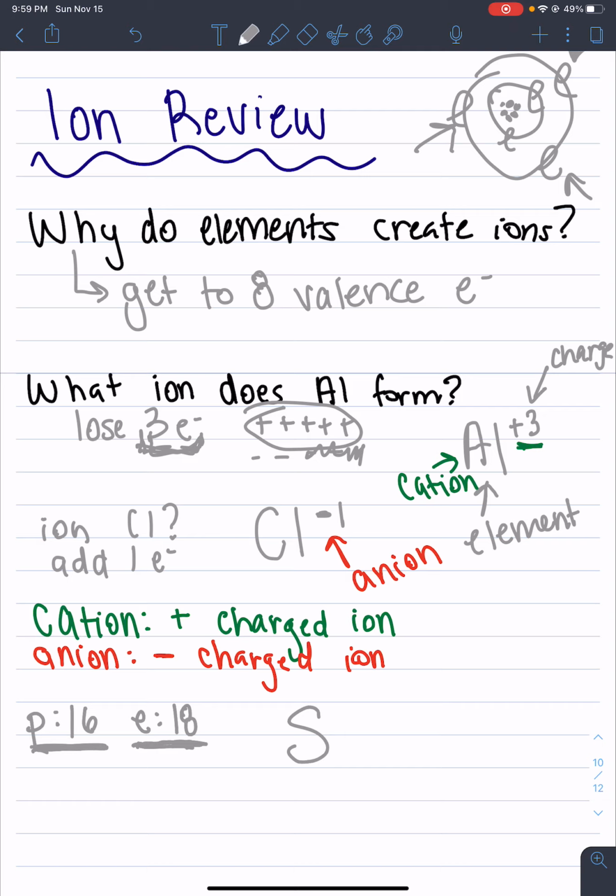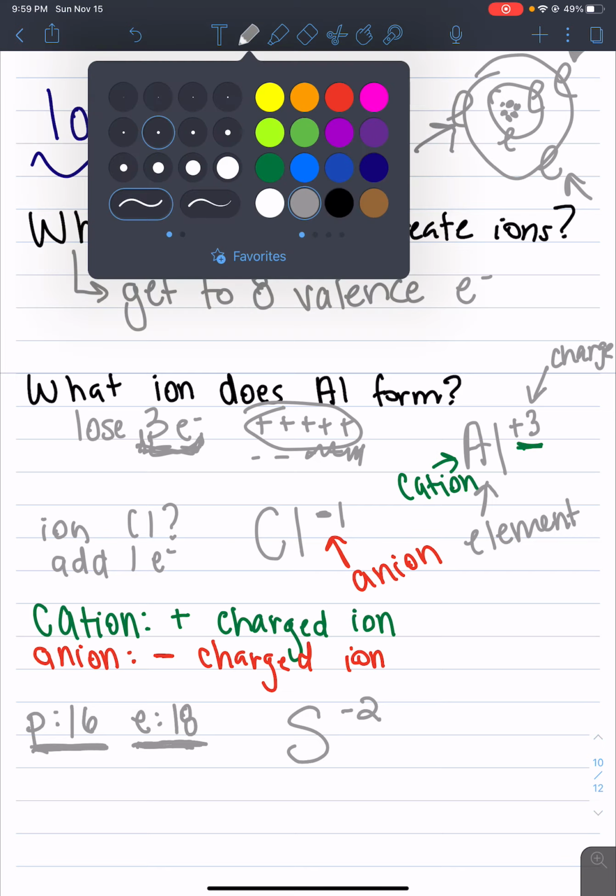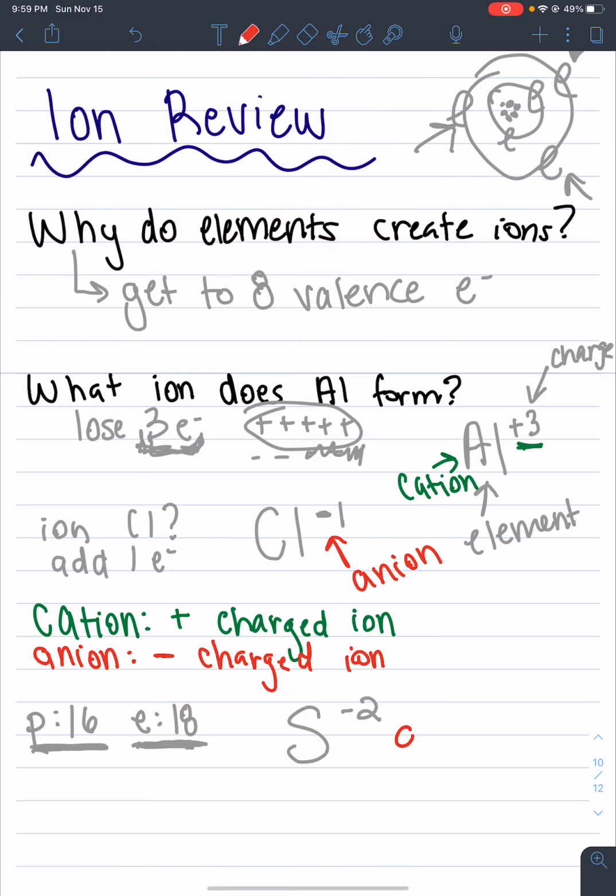There are 2 more electrons than we have protons. So it's going to be a negative charge ion, and it's going to be a -2 because we have 2 more electrons. So again, on your test, it might give you this and ask you what element it is, what charge it has. It might ask you if it's an anion or a cation, and this one is going to be an anion.